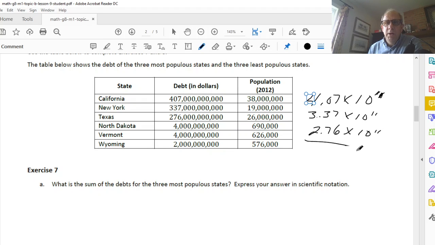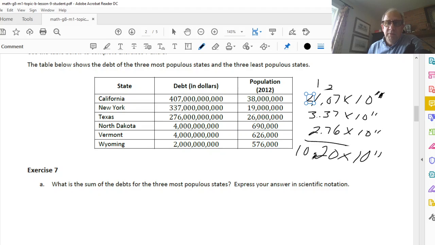So if I'm going to add these up, these are still going to be 10 to the 11th power. And this, I add them up. So 7 and 7 is 14, plus 6 is 20. And 2 plus 3 plus 7, so that's 12. And 4, 5, 6, 7, 8, 9, 10. 10.20 times 10 to the 11th.